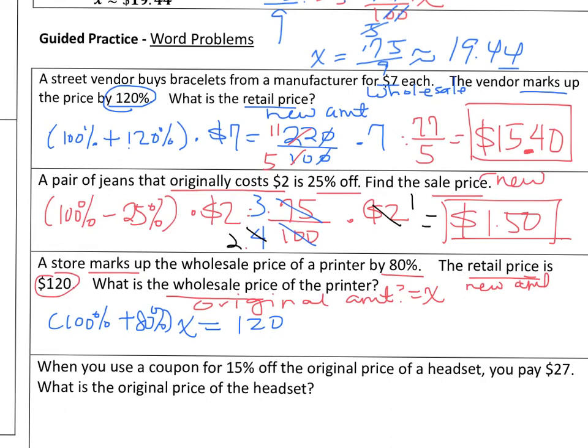So that would be 180 over 100, x equal to 120. Now we can simplify the left-hand side and multiply both sides by the reciprocal of 9 over 5, which is 5 over 9.